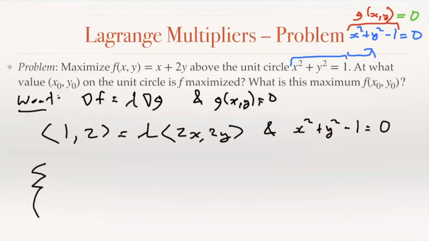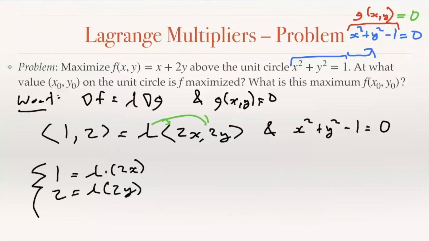Okay, so what do we wind up with? Well, distributing this lambda and setting the components equal, we have 1 is lambda times 2x, 2 is lambda times 2y, and we have that x squared plus y squared is 1. And we do our usual thing of dividing one by the other.